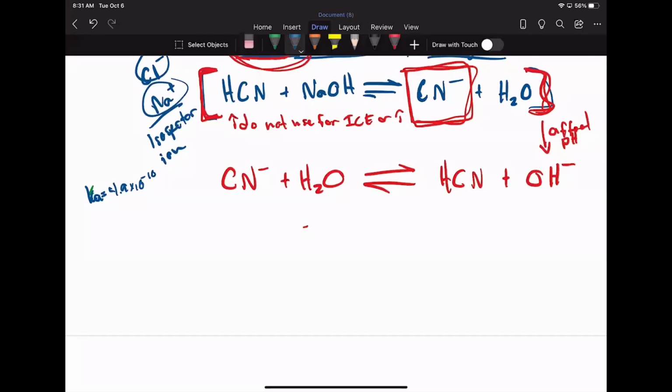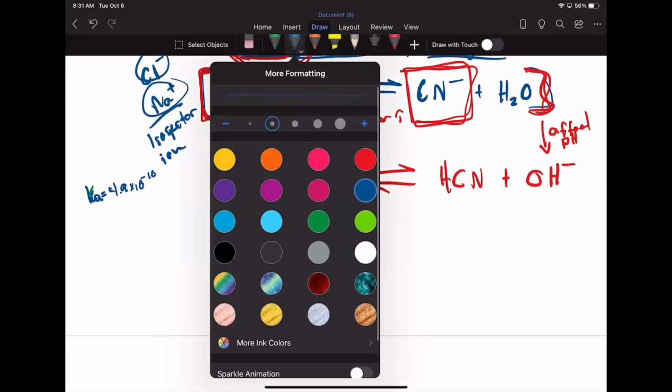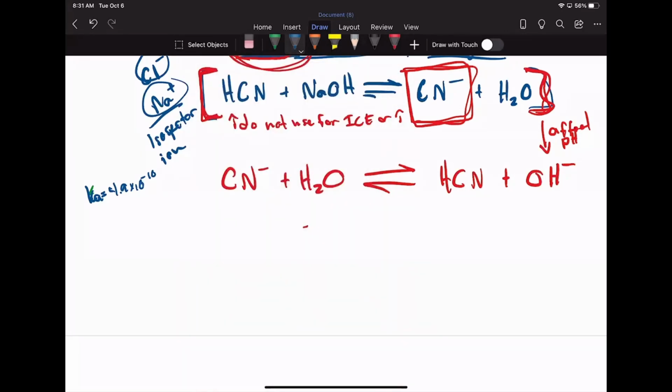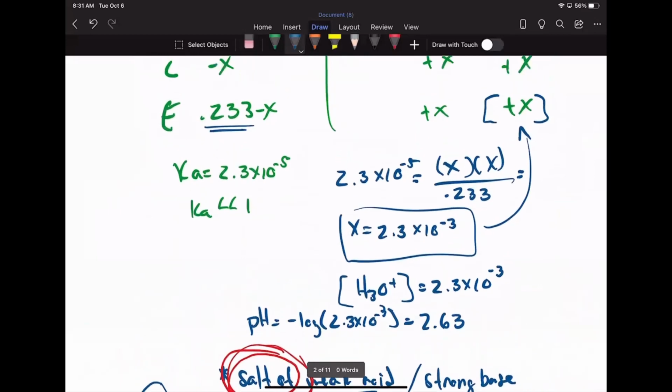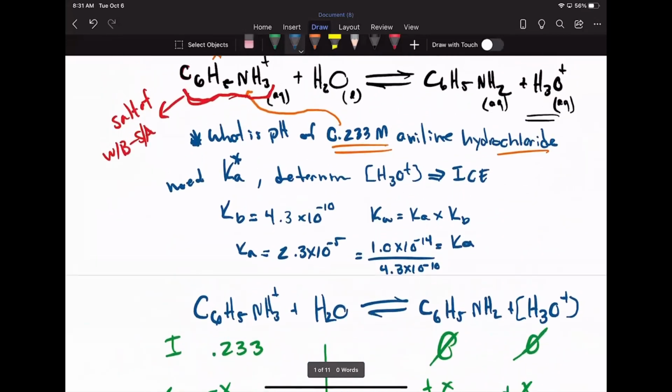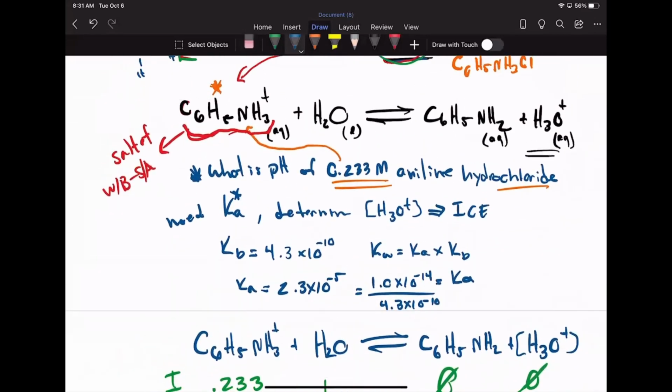Well, because we don't have any hydronium here, what I have is hydroxide. So if we go to the previous reaction, because we had hydronium, we had to calculate the Ka.